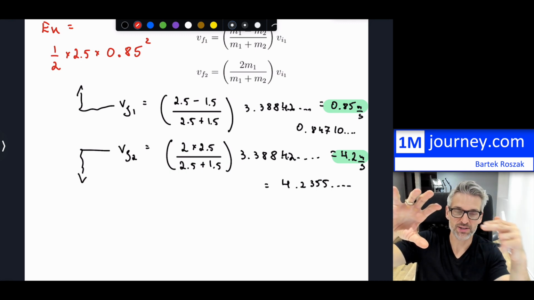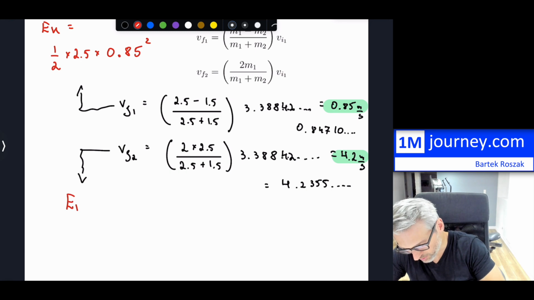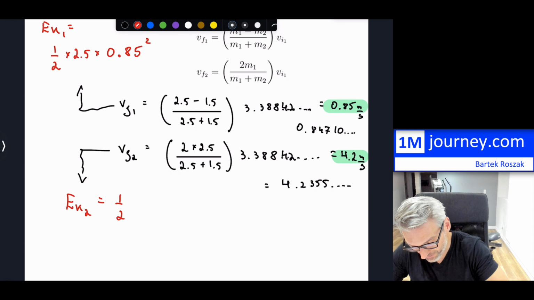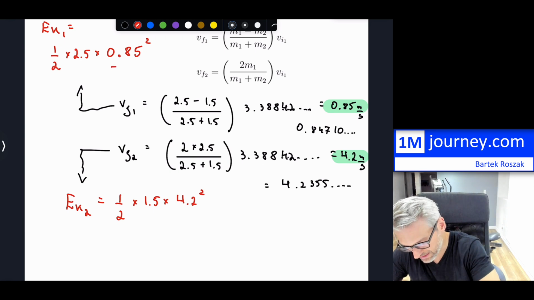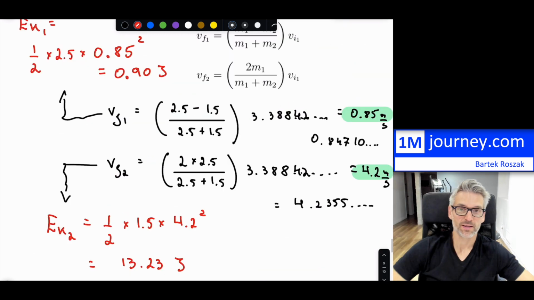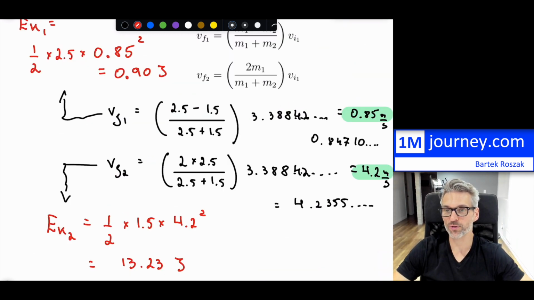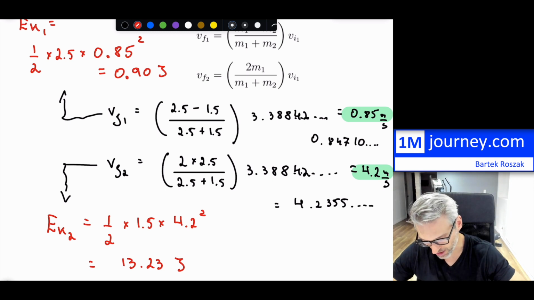And if it's transferring to that gravitational potential energy, then we can find its height. So now here is the other one. So this will be 1/2 multiplied by 1.5 times 4.2 squared. So let's get these numbers. Here they are. So those are the kinetic energies that we have from both of those objects.